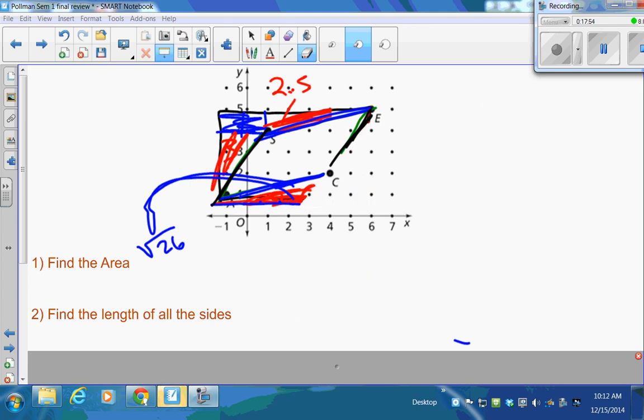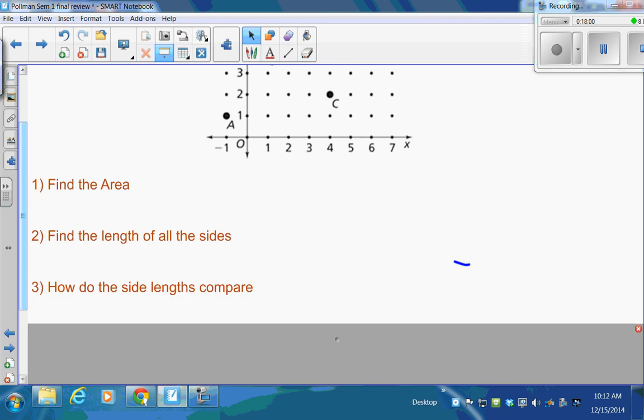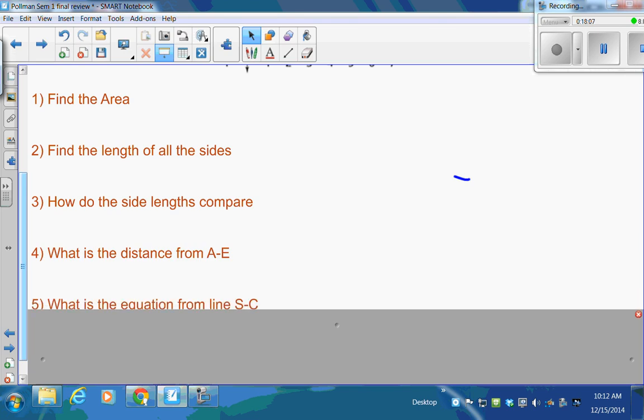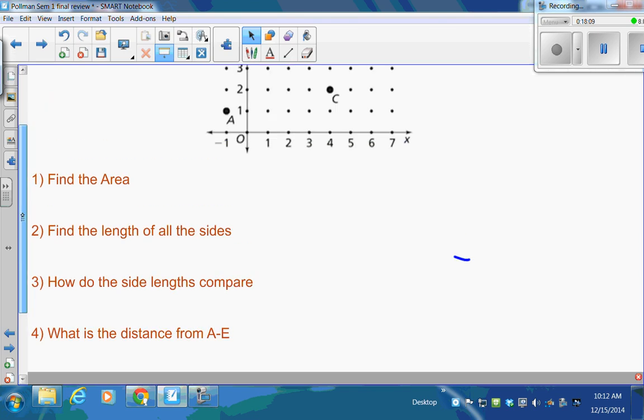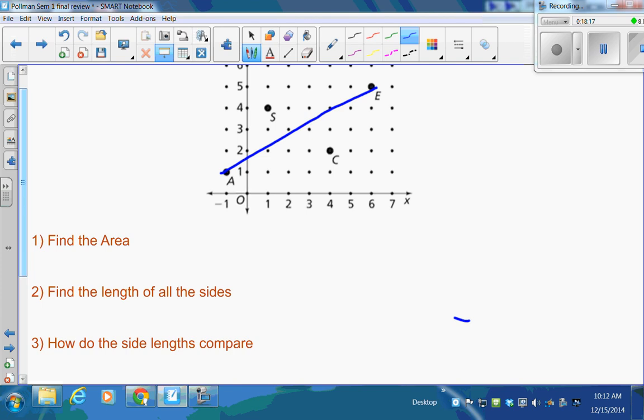I'm going to erase all this. Let's keep looking through some of these ones. How do the side lengths compare? You should be able to find that once you do it. The distance from A to E. This is one people often get confused on. If I go A to E right here, let me go back so you can see the question.